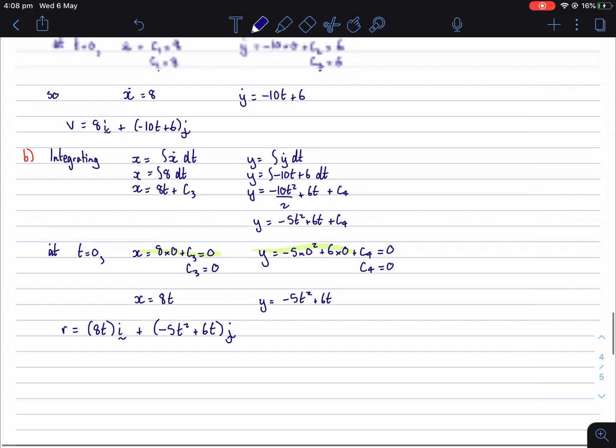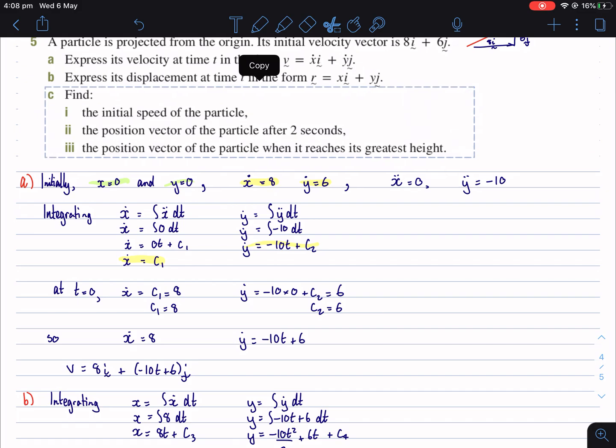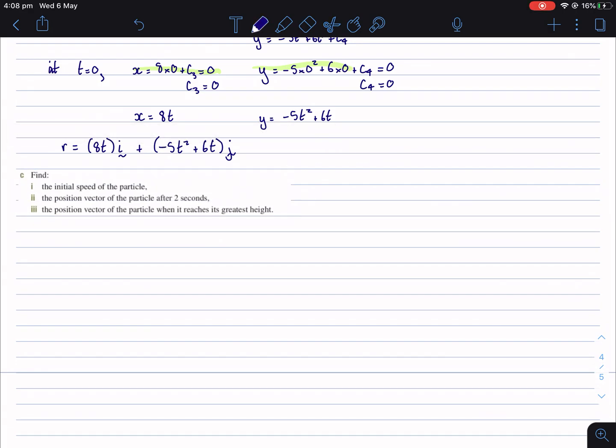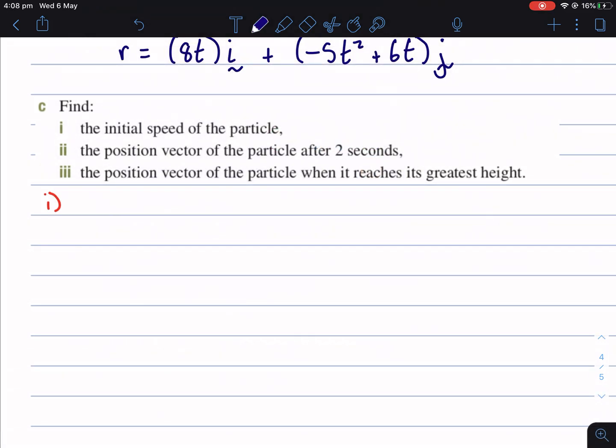And for question C, I'm going to have to copy this. We want the initial speed of the particle. So this is without direction.